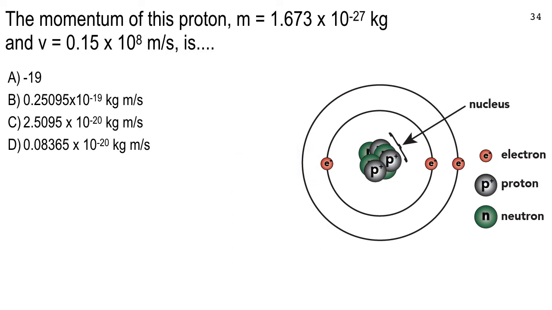Go ahead and calculate and type in the momentum of the proton. Then we're going to calculate lambda from h over mv. We're going to go h over this result, so get this result down.